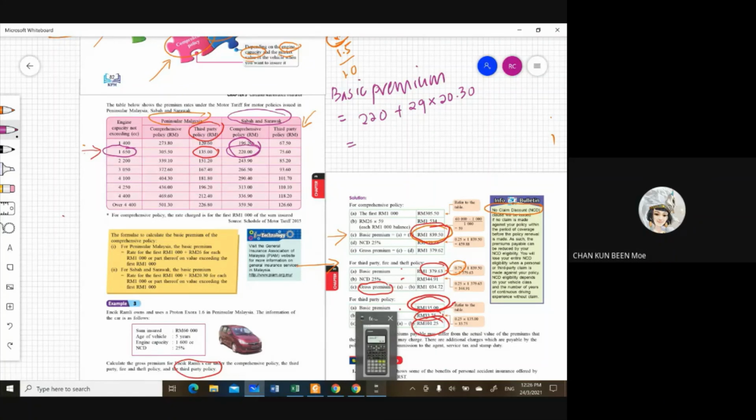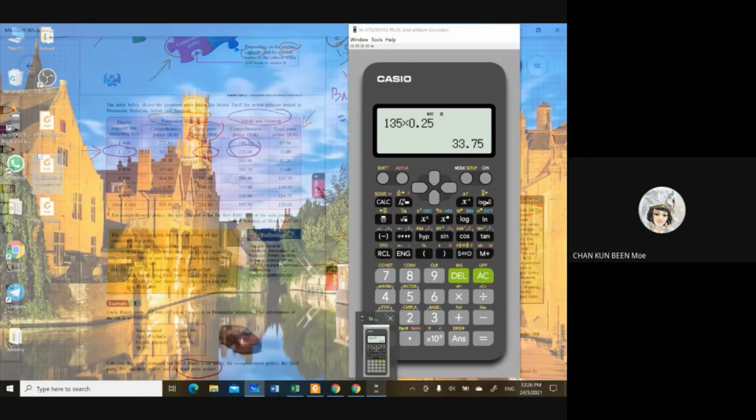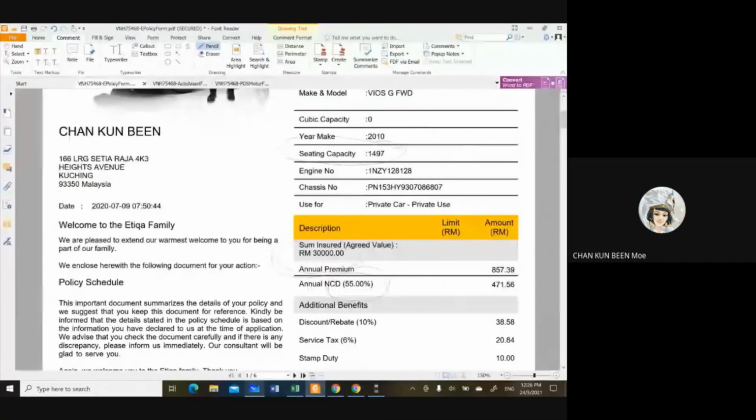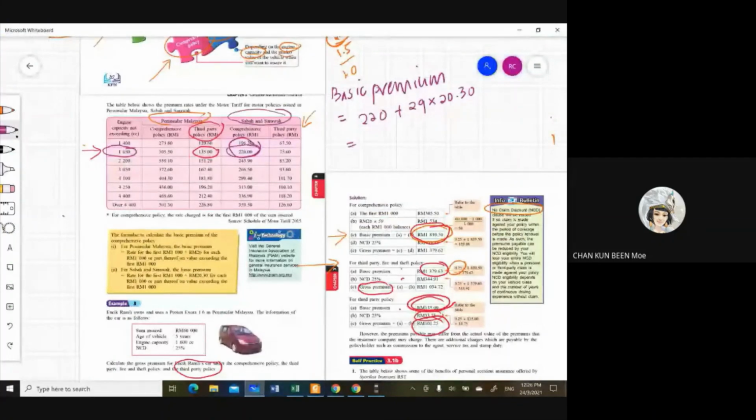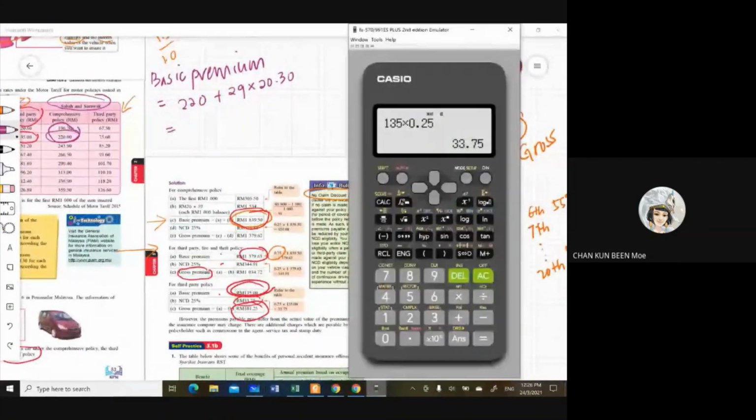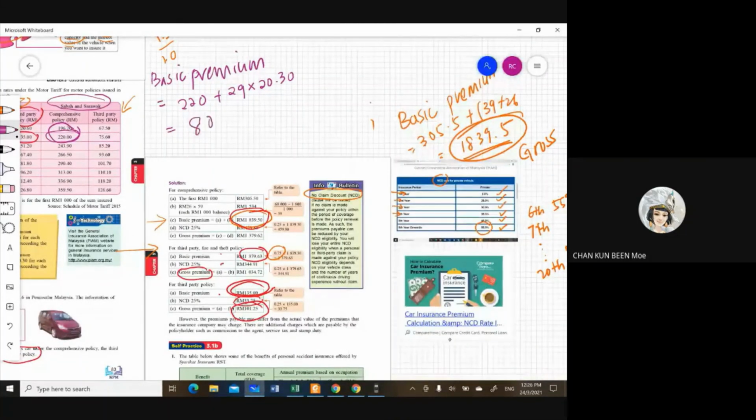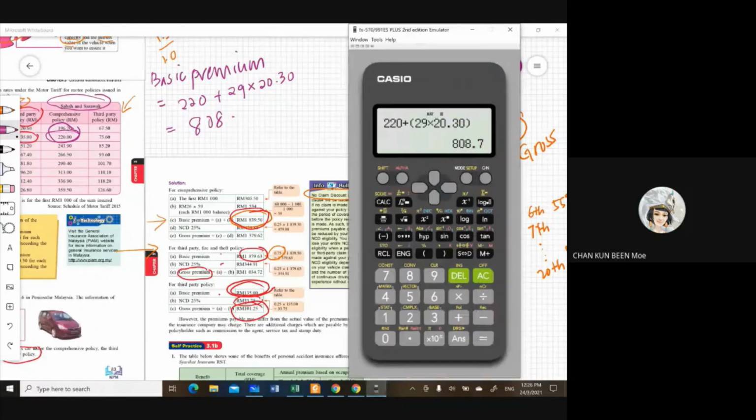So if I calculate, 220 plus 29 times 20 ringgit 30 cents. After I multiply, it is supposed to be 808.70.